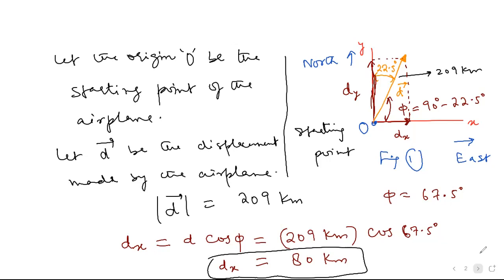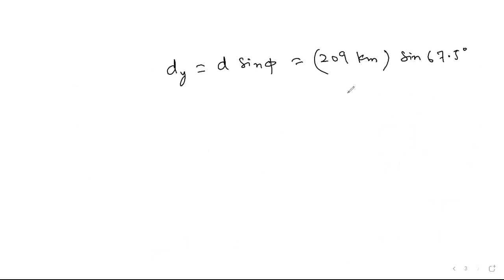Then we find dy, which is d sine phi, which is 209 kilometers times sine of 67.5 degrees.